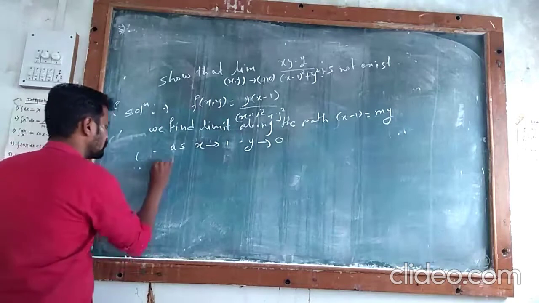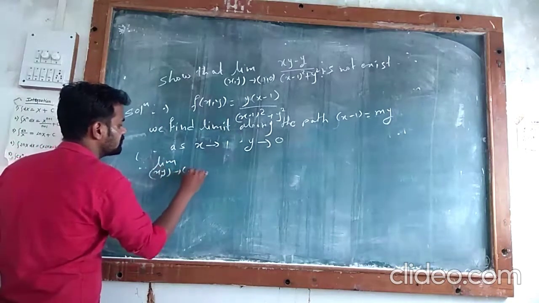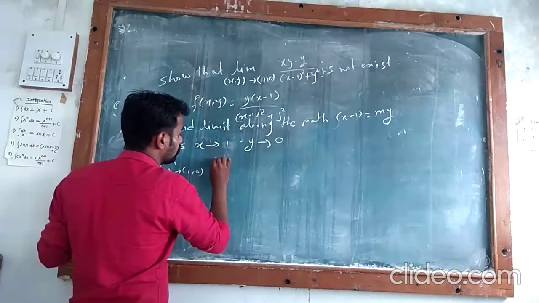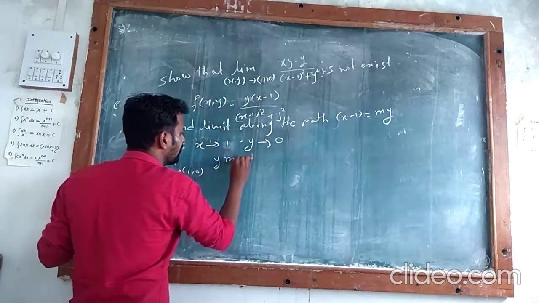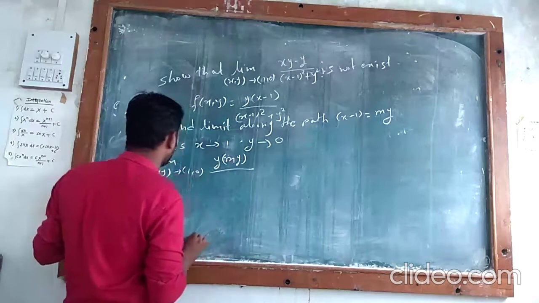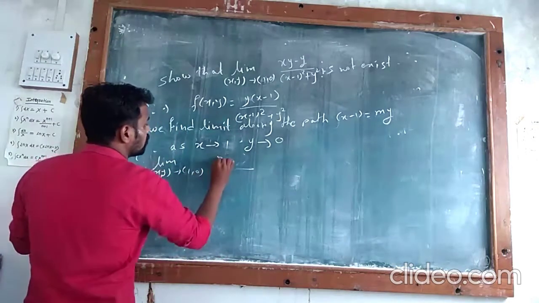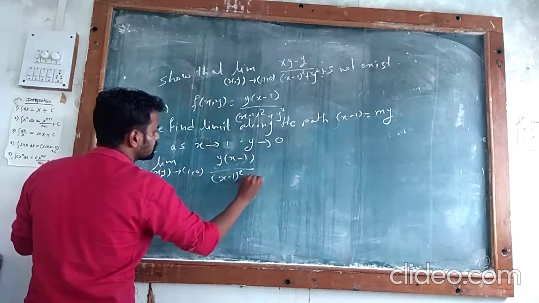Therefore, the limit as (x, y) tends to (1, 0) of y into (x minus 1) divided by (x minus 1) square plus y square.